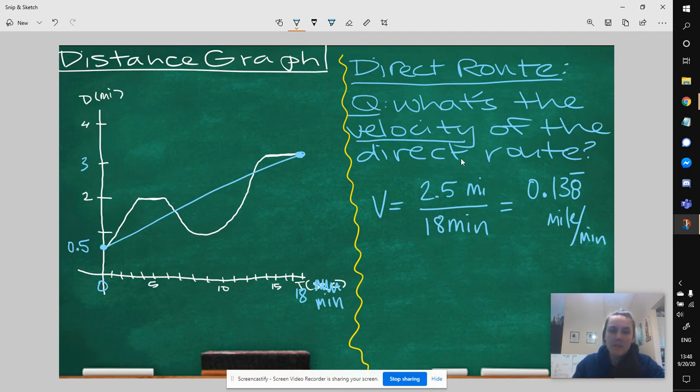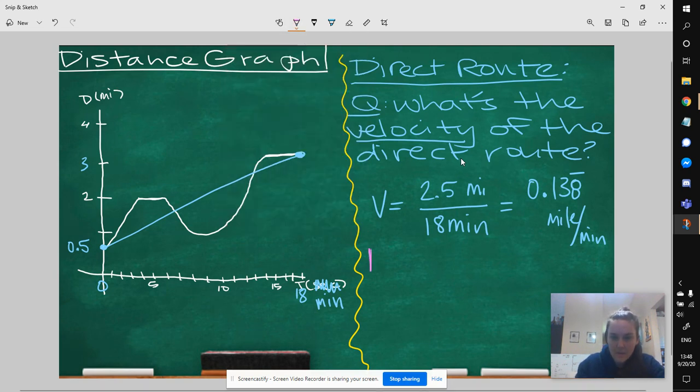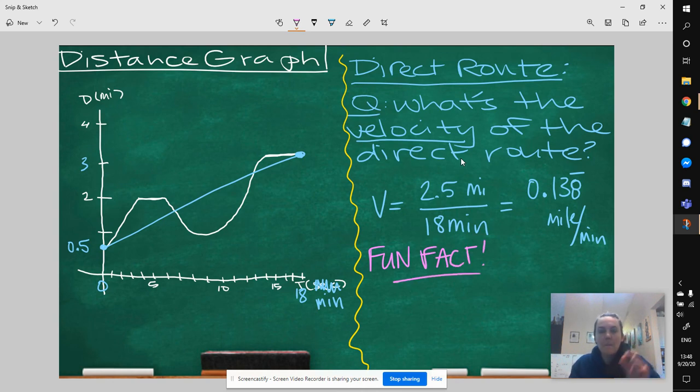A fun fact: the velocity of the direct route was our average speed for our actual graph.